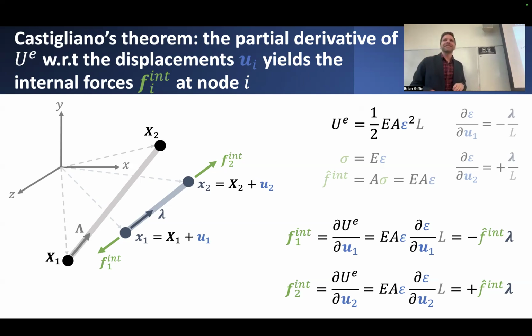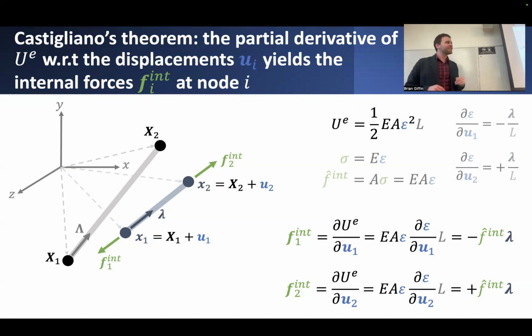The factor of 2 that I got from taking the derivative of epsilon squared happens to cancel out with that factor of 1/2. And I just get something that looks like this: EA epsilon times the derivative of epsilon with respect to U1. You can prove that the derivative of epsilon with respect to each of the nodal displacements will give you something that looks like up in the top right-hand corner.